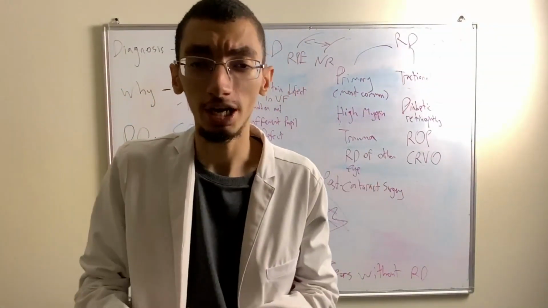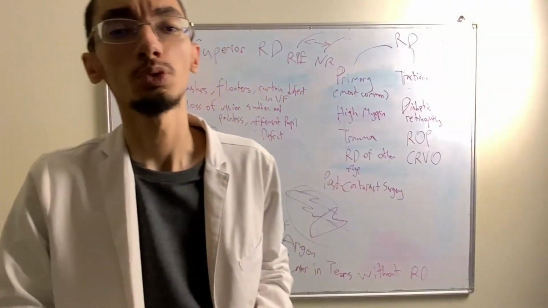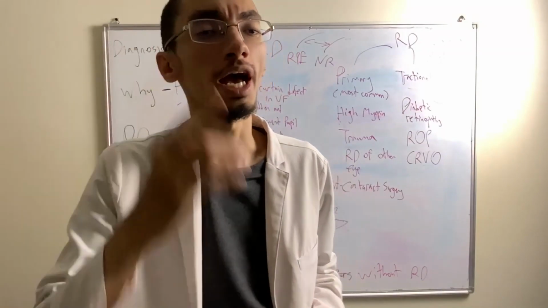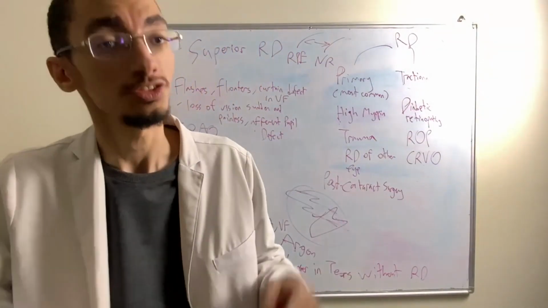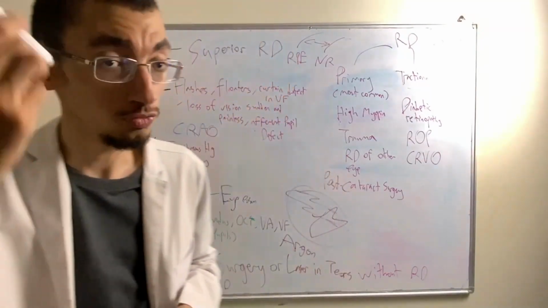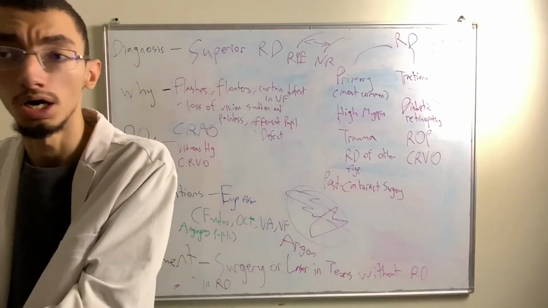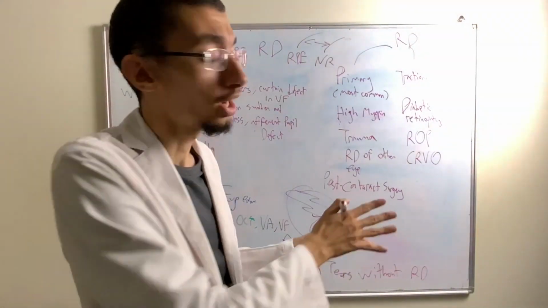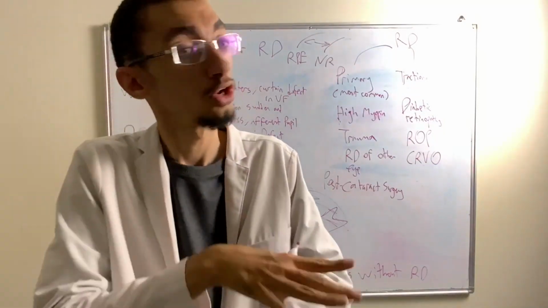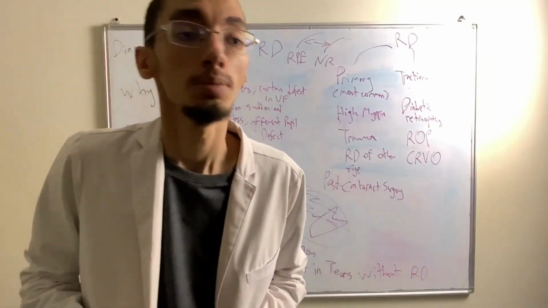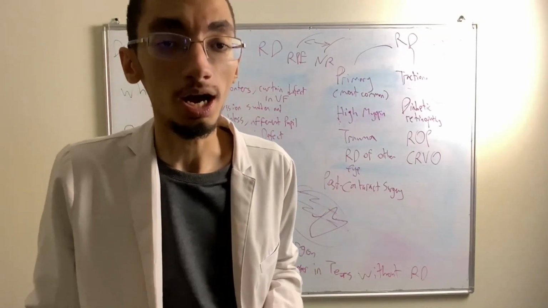If you see any child, any of us in residency or internship, that comes with whitening of the pupil, you have to assume retinoblastoma until proven otherwise. Especially if he has strabismus, I do a fundoscopic examination, I see a mass in the retina, I do ocular ultrasound, I do orbital CT, and there's calcification in this mass, guaranteed retinoblastoma. Because in most of the cases here, best case scenario for this baby, you have to remove the eye, enucleation.